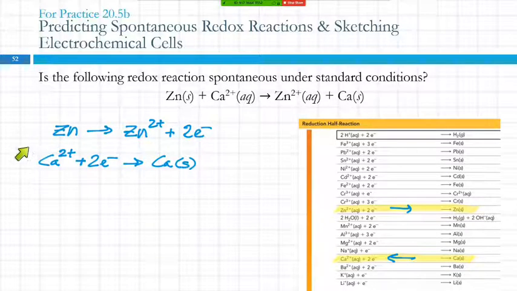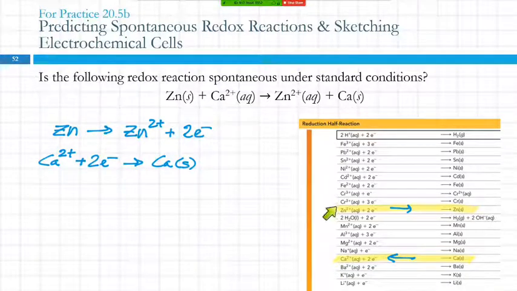Well, this is what's happening according to this redox equation here. Zinc is going to zinc ion. Okay, that's not what we're showing here. And calcium is doing this.